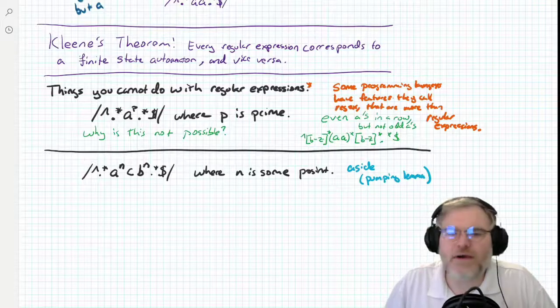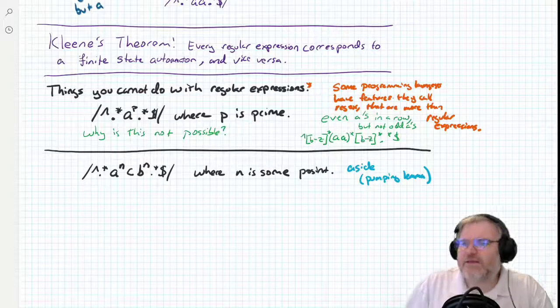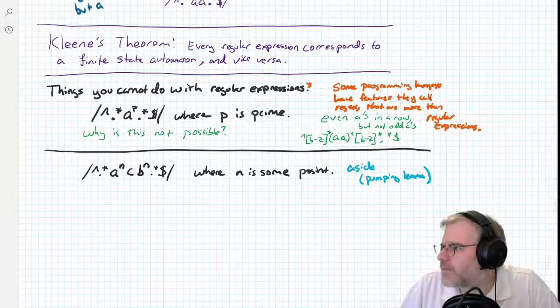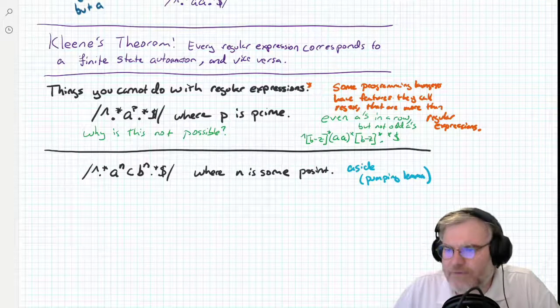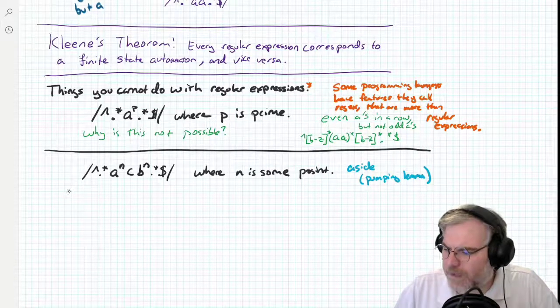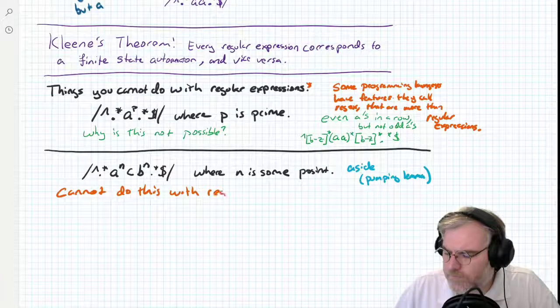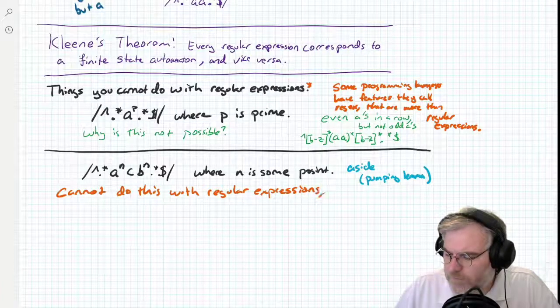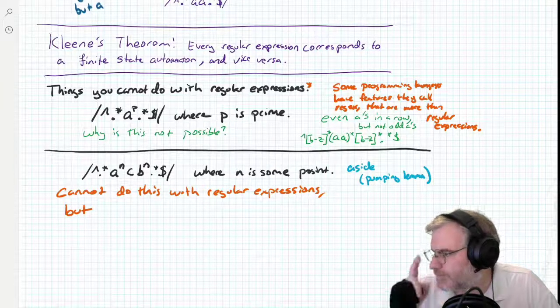Yes, there are computer programs that do things that go beyond them. Let me see, there's a technical word for it. Unbounded back references and stuff. With unbounded references, you can do this, which you can't do with regular expressions. But you can with something called unbounded back references.